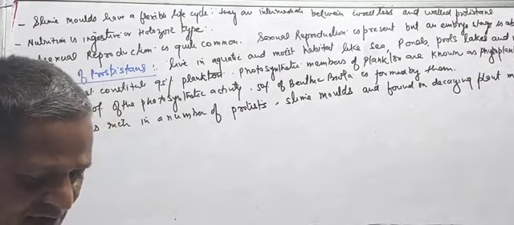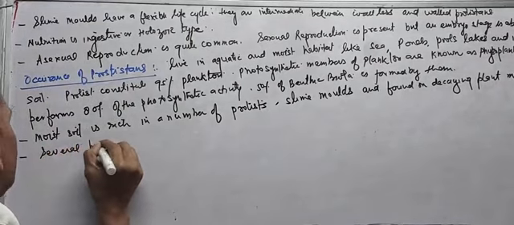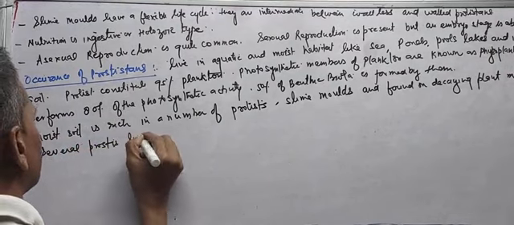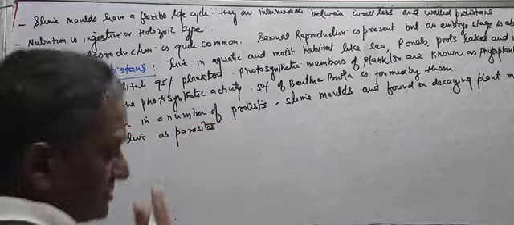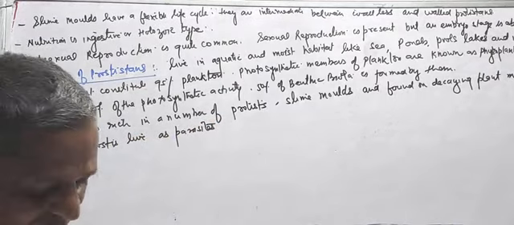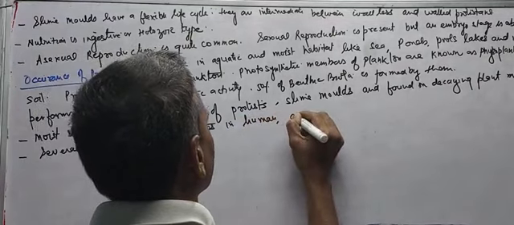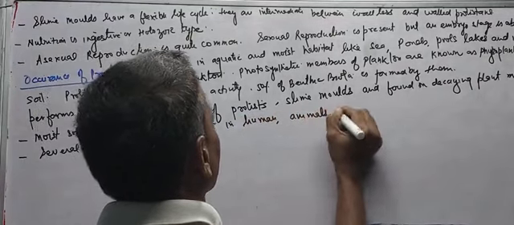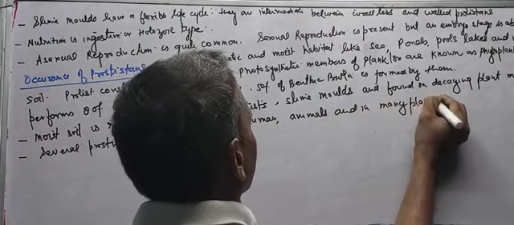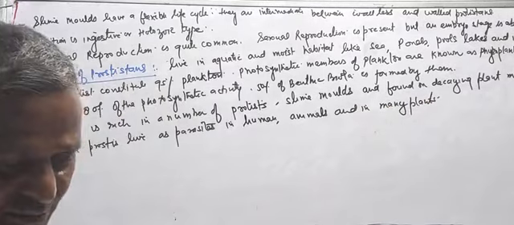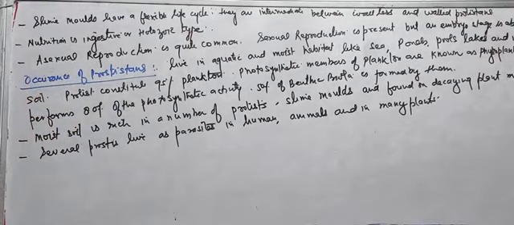Several protists live as parasites in humans, animals, and in many plants.